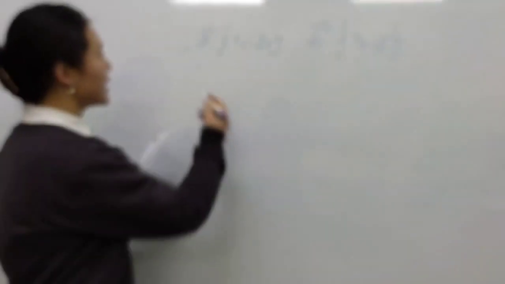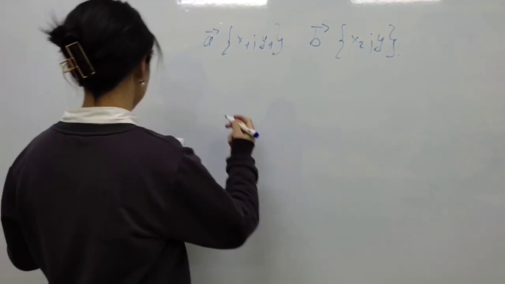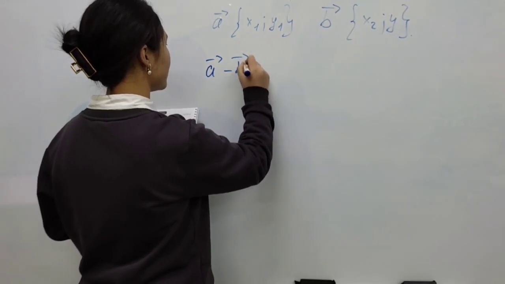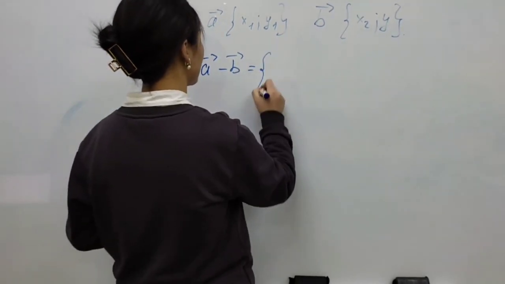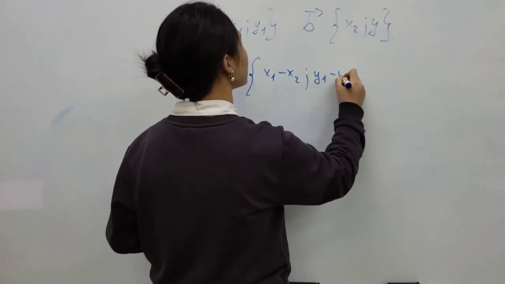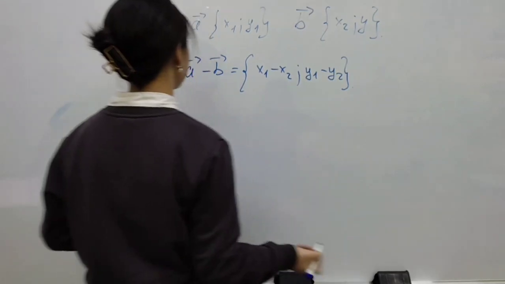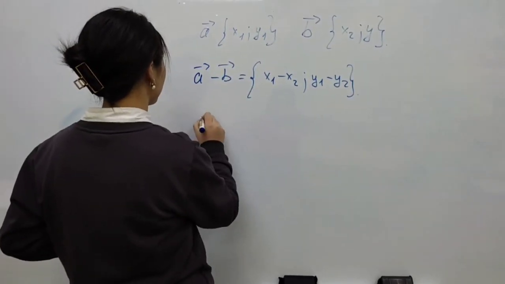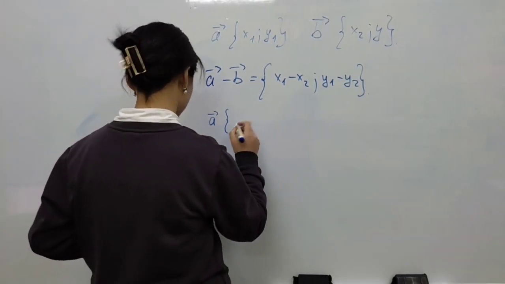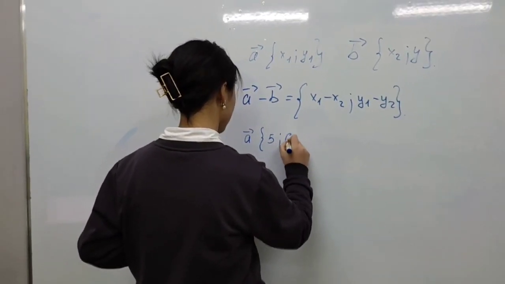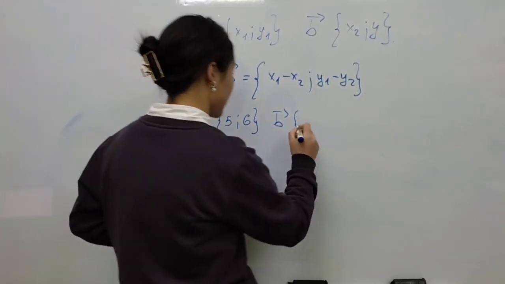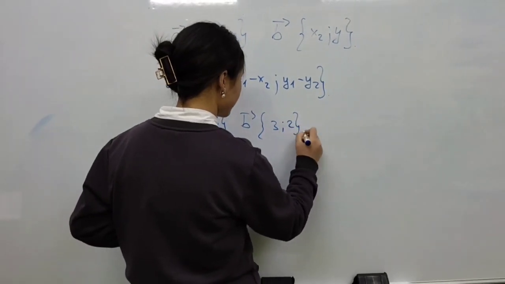And given vectors A and B, the vector equal to vector A minus vector B has coordinates x1 minus x2 and y1 minus y2. For example, given vector A is (5, 6) and vector B is (3, 2).